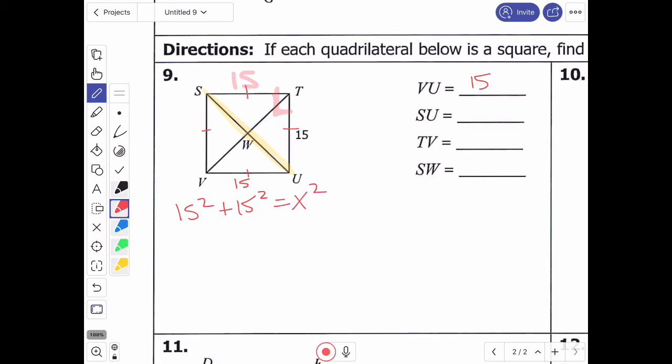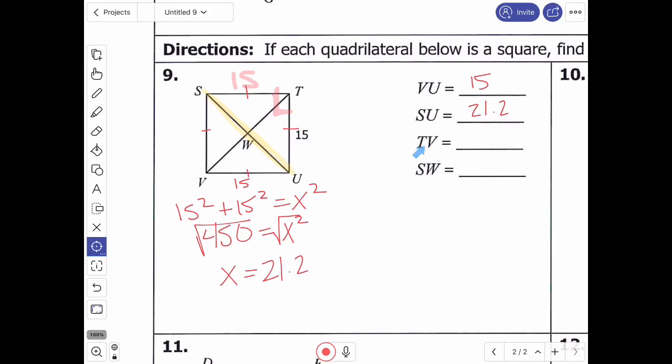And I get 15 squared plus 15 squared equals 450, x squared. Take the square root, and x equals 21.2. So SU is 21.2. Now I'm finding TV.